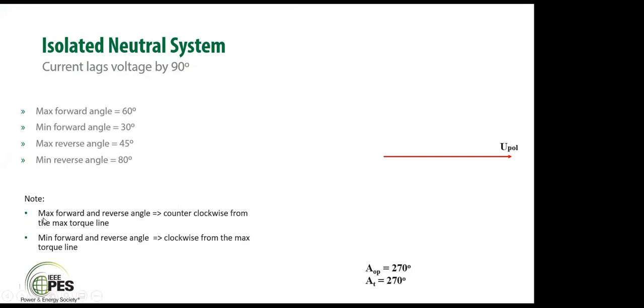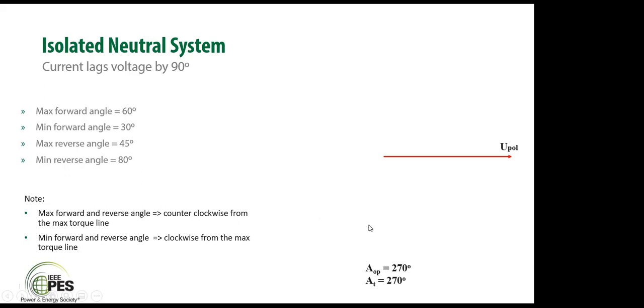And we have inserted a note for the customer on how to set the forward and reverse operation zone. The provision is maximum forward and reverse angle we have to consider counterclockwise from the maximum torque line, and minimum forward and reverse angle we have to consider clockwise from the maximum torque line.